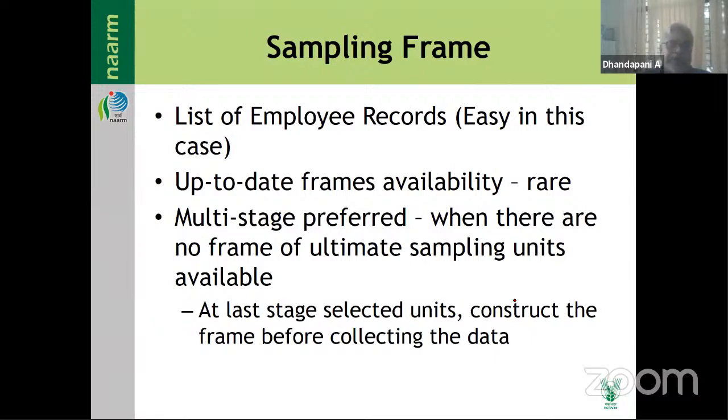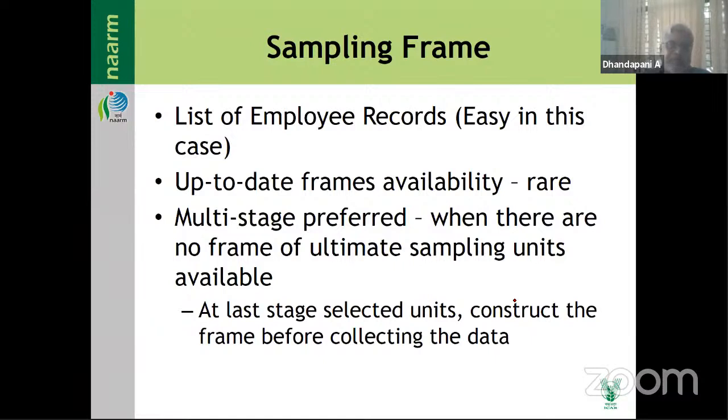And the problem is that even with the district list, districts are getting divided and new districts are being formed. So even at the administrative boundary level, you will have issues, and then you can think of a much lower level. Of course, the statistical agencies have their own frames.